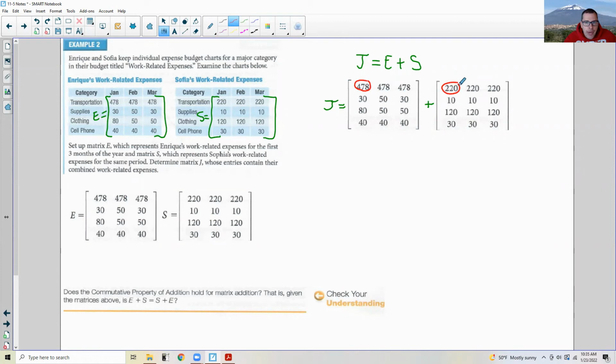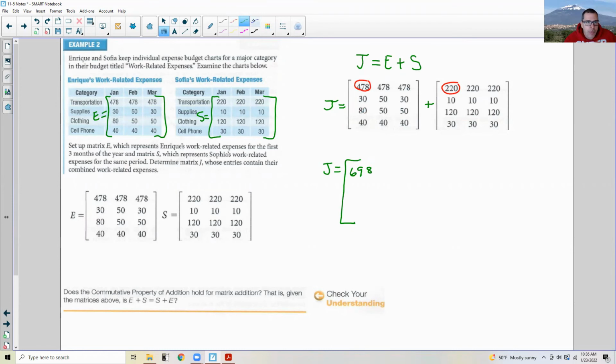And what you do is you add the components that are in the same location. So this is going to become J equals 478 plus 220. So I would do this, and 0 plus 8 is 8. 2 plus 7 is 9, and 2 plus 4 is 6. So I got 698 here. Notice 478 is the same, and 220 is the same.